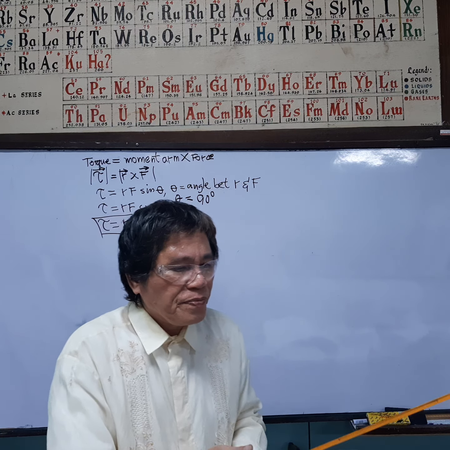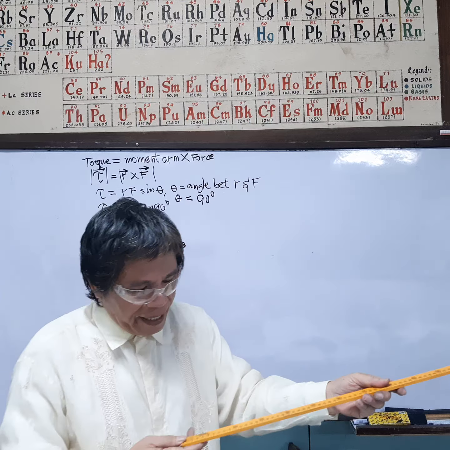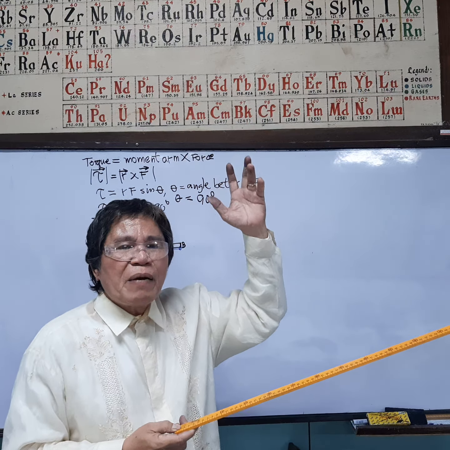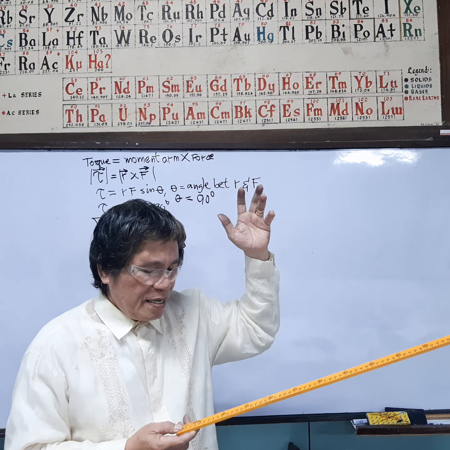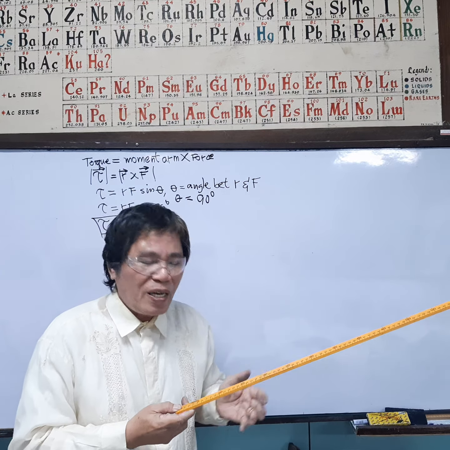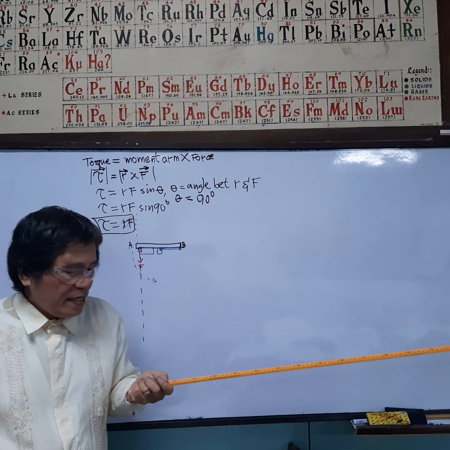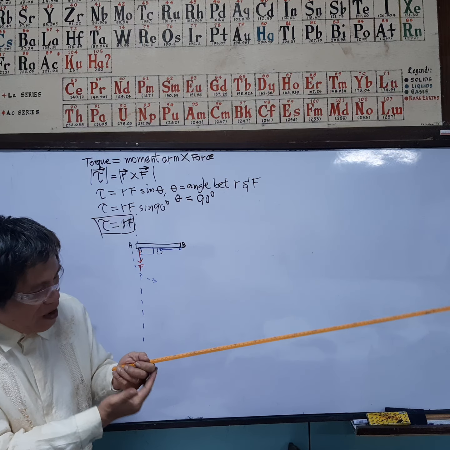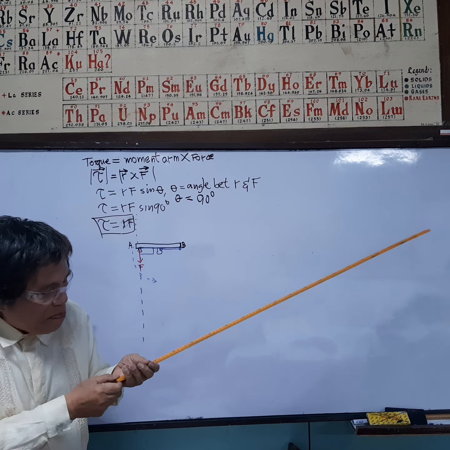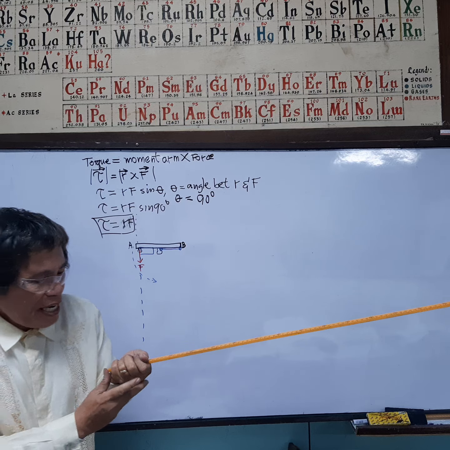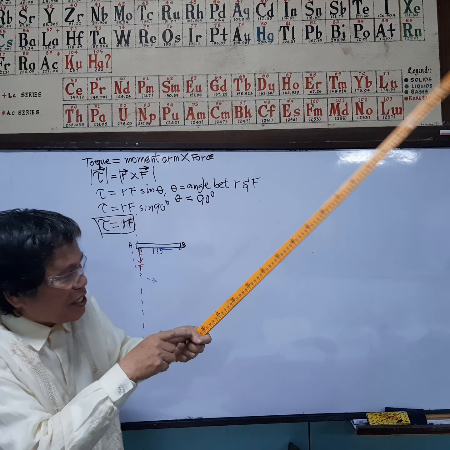So, this is the meter stick. I will use my left hand, because I am a leftist, okay? Holding, this is the front edge of my hand, wrapped, 10 centimeters.